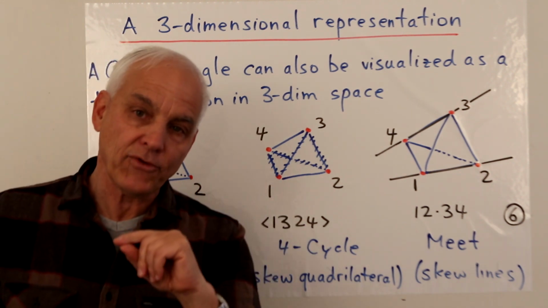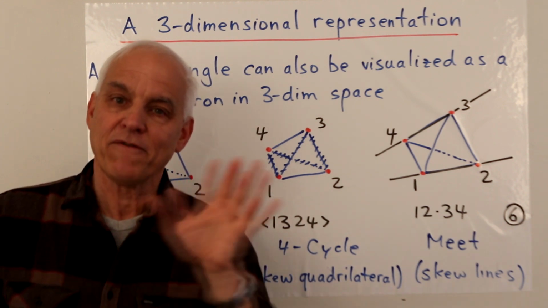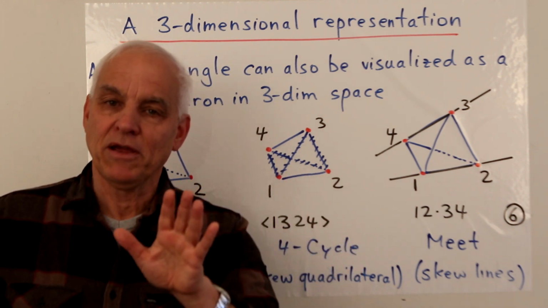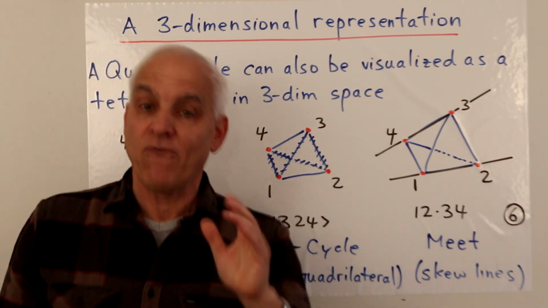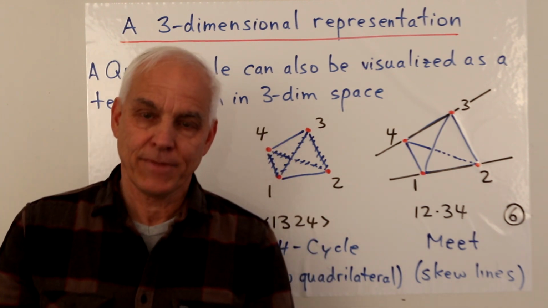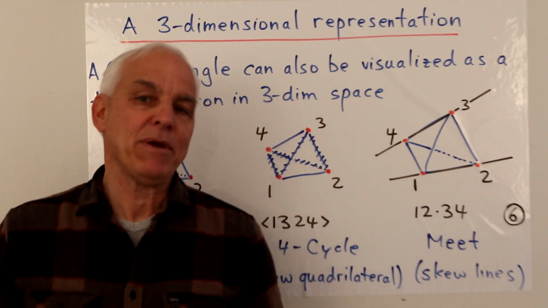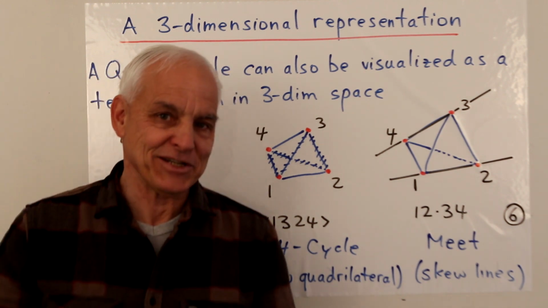And how many quadrangles are there? Well, we said there were 15 because there's basically one for every edge. So there should be 15 times 3, which is 45 different 4 cycles if you're considering all 6 nodes. And for your homework, I want you to figure out how many 5 cycles there are and how many 6 cycles there are.